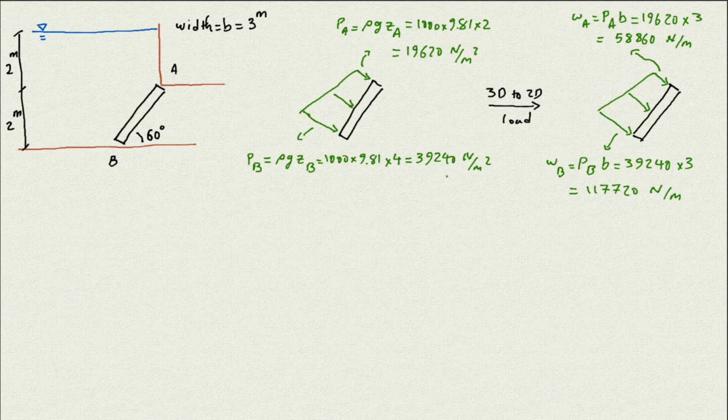So from Newton per square meter to Newton per meter, from 3D load we go to the 2D load. Now that we have everything sitting as a 2D load, it's much easier to work with that.